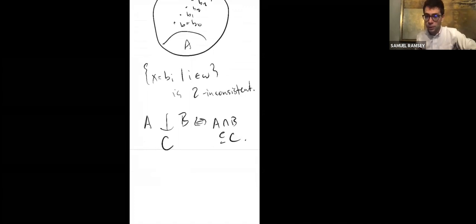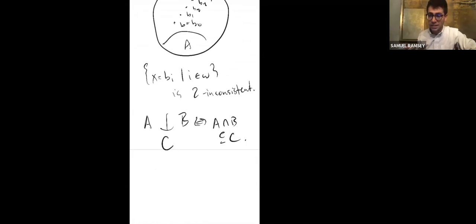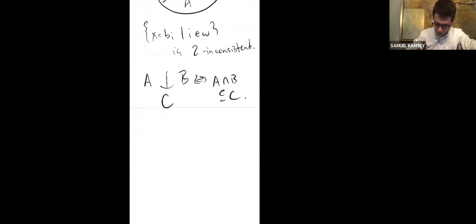And this conforms to our intuition, right? What this says is that you can't use the new parameters in B to learn new things about A that C didn't already know. So if you have an equality between B and A, then if it comes from C, then C already knew it. But if it comes from B, then it didn't. So let's just think about why.